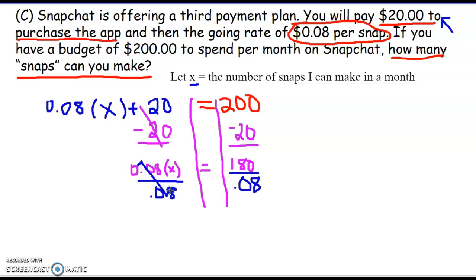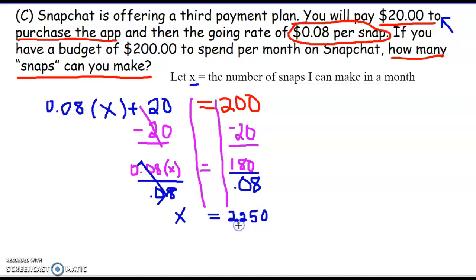This becomes a fancy form of 1 because anything divided by itself is 1, and that's what I want, 1x. Now in your calculator, be careful. You want to make sure you put the 180 in first because that's on top, divided by 0.08. That's 2,250 is what I got when I divided that out.